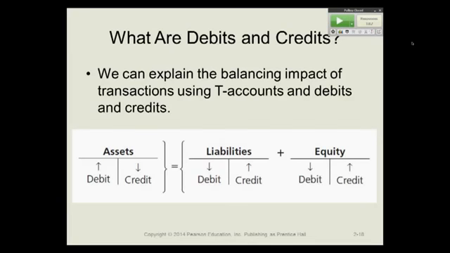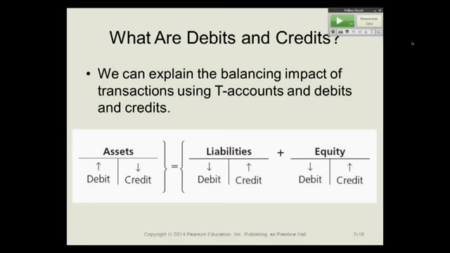The components of equity are contributed capital, revenues, gains, expenses or losses, and dividends. So equity has more than just one account. And of course, there are multiple asset accounts. There's cash, there's receivables, there's buildings, land. Liabilities have what? Accounts payable, notes payable.